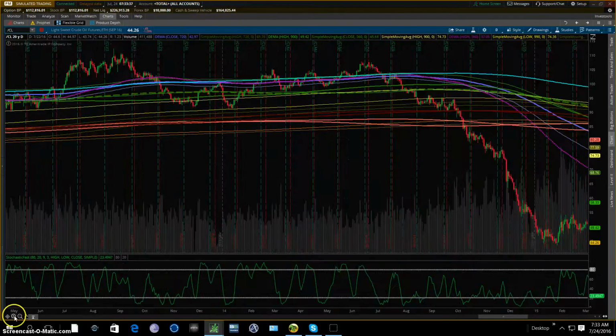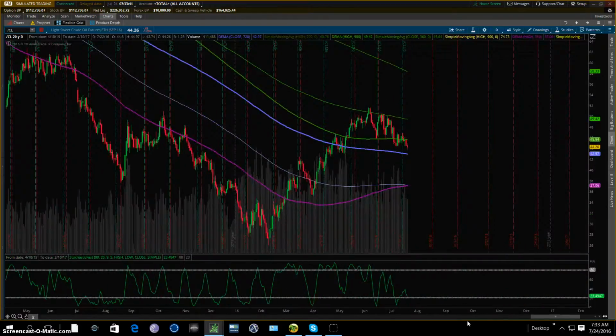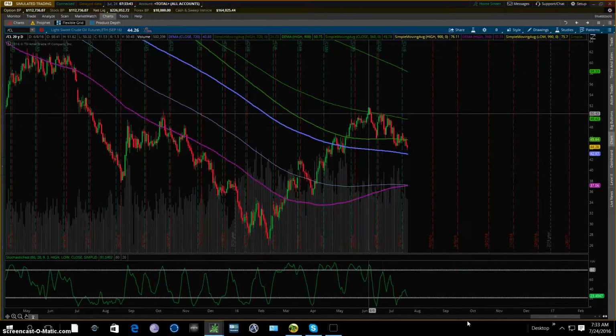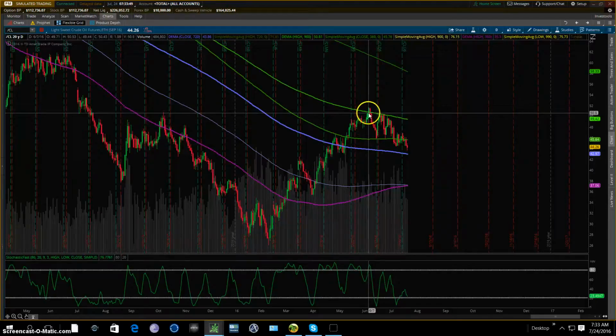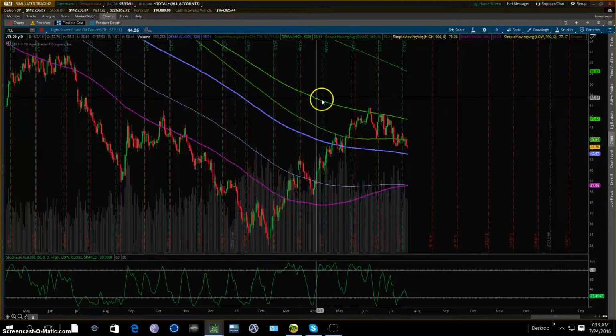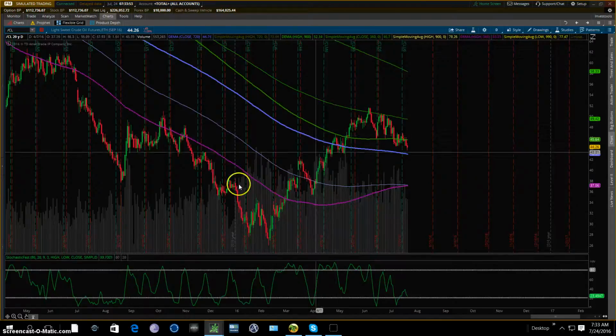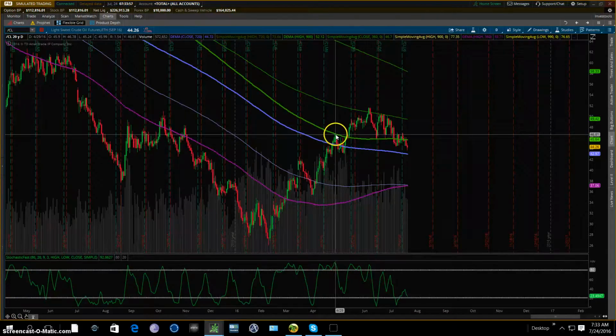So what happened there was it blew through my level. I think it did get an initial reaction off of it, perhaps, maybe not. So it blew through this moving average here. A lot of times, like for example here, at market, but I don't want to switch tools. Here, beautiful, perfect tag.